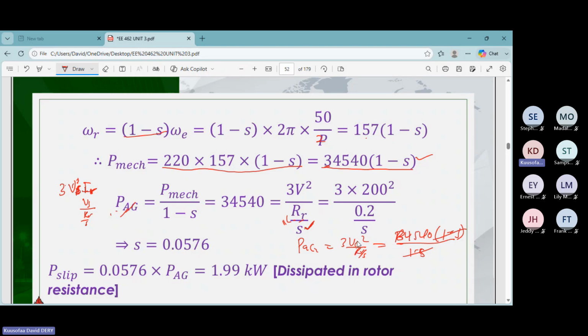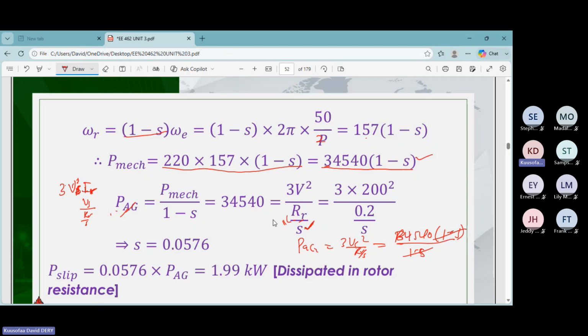Vs is the phase value, which will be 346 over root 3, which we got to be 200. So we substitute that one. We also substitute the value of RR and we calculate for the slip. When we get the new slip, then we can go ahead and calculate the power that is dissipated.